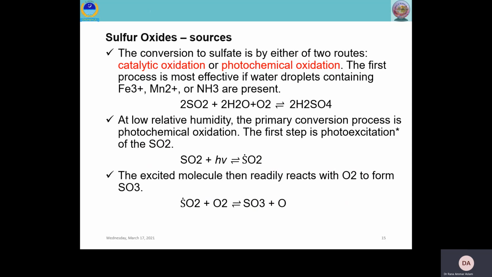Or at low relative humidity, the primary conversion process is photochemical reaction. The first step in photochemical reaction is the formation of an unstable sulfur compound. This unstable sulfur compound further reacts with oxygen, and sulfur trioxide is formed, right?